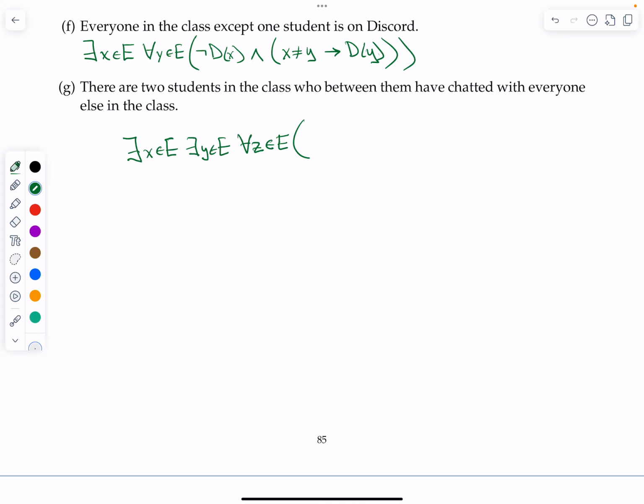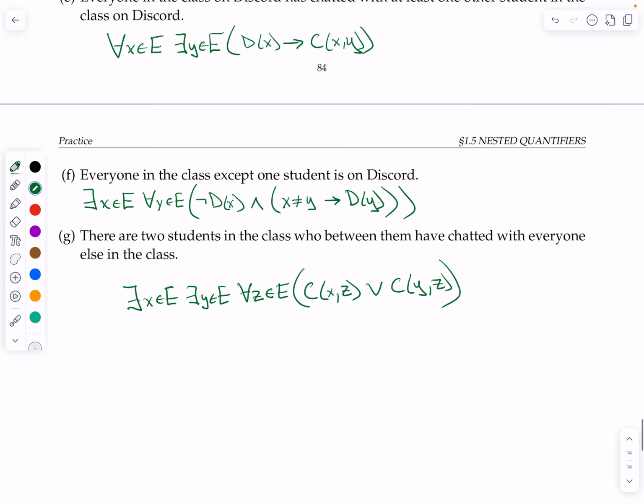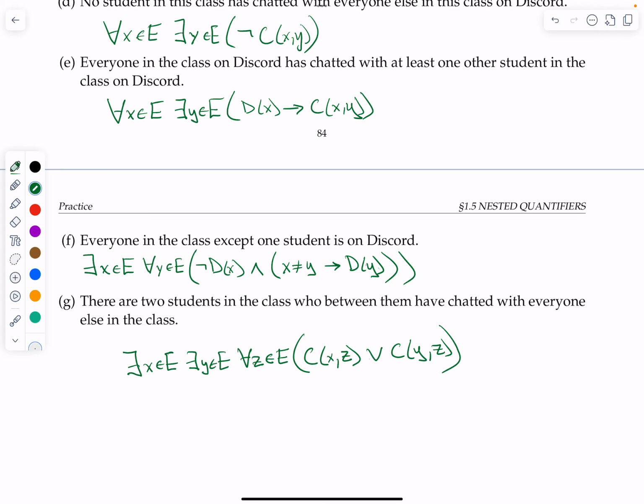That means that either person X has chatted, or person Y has chatted, or both. All right, that does it. Hopefully this helps you, and I hope you have a great snow day.